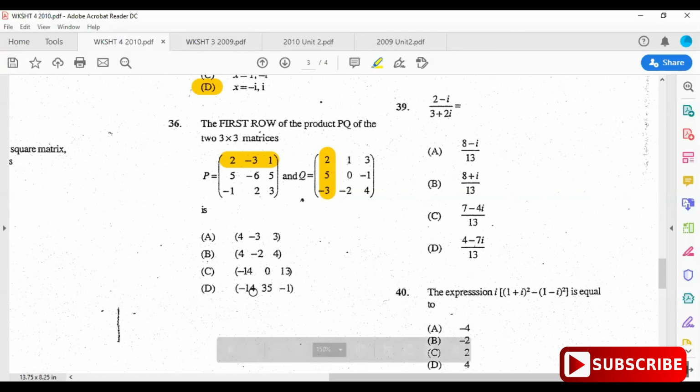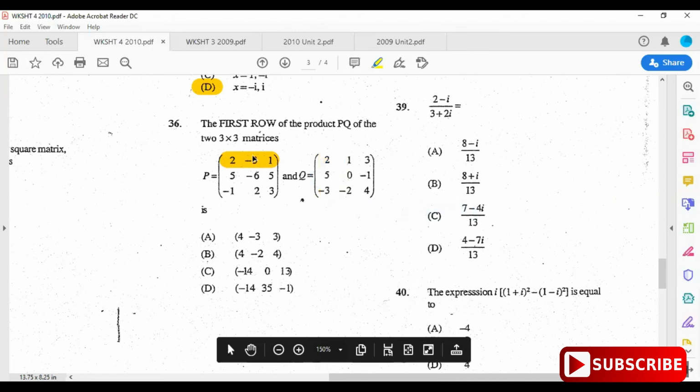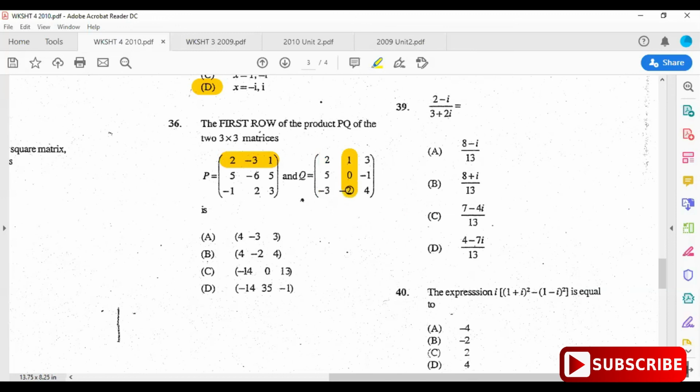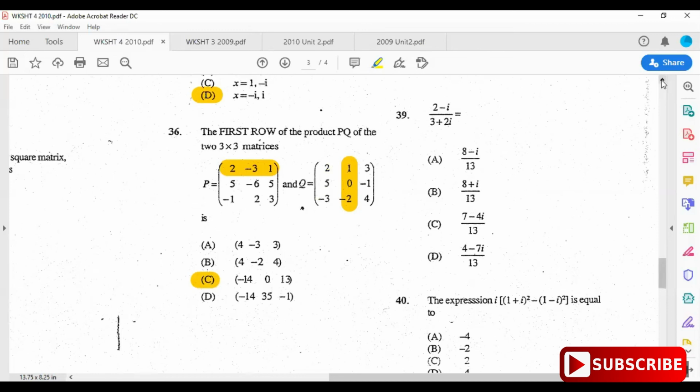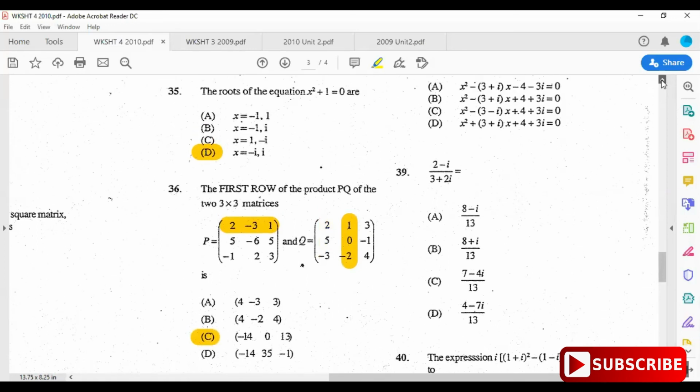So the first one is between C and D. Then we need the first row and second column, the second matrix. So we get 2 plus 0 minus 2, which is 0. So C is the answer. Those questions you don't need to spend a lot of time working out. That's C.